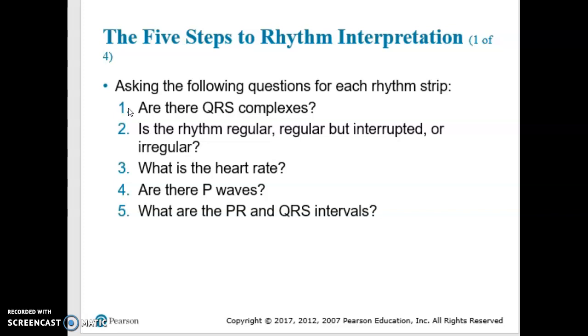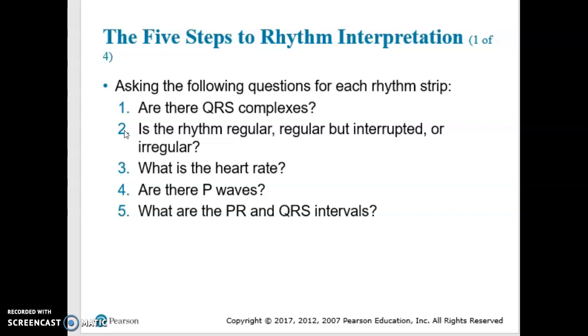Now the second thing that we're going to ask ourselves is, is the rhythm regular? Is it regular but interrupted, or is it irregular? What do we mean by that? We talked about that briefly in class. If the rhythm is regular, we have a different method of counting the heart rate.